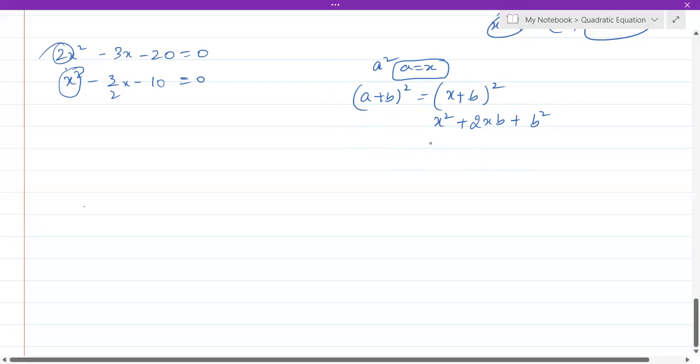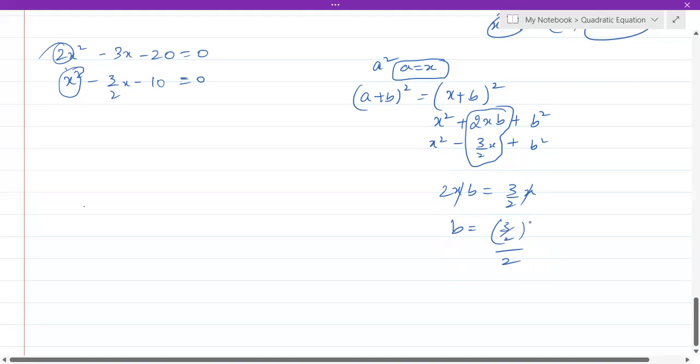Now comparing with the question, x square minus 3 by 2x plus b square. If I compare these two things, I can easily find the value of b. Okay, so let's compare it. 2xb is equal to 3 by 2x. Okay, so x and x get cancelled. Therefore, b will become 3 by 2 by 2.